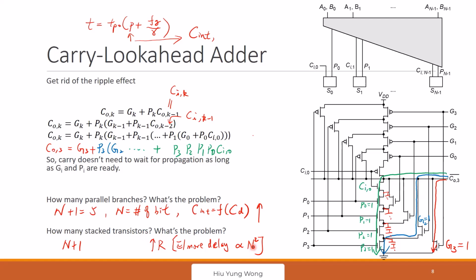So you cannot say I have a 128-bit adder, I just put all these 128 times 2 signals into a big logic function to find the carry out. That is not going to work because it's going to be very slow. 128 squared is more than 10,000. Any questions?